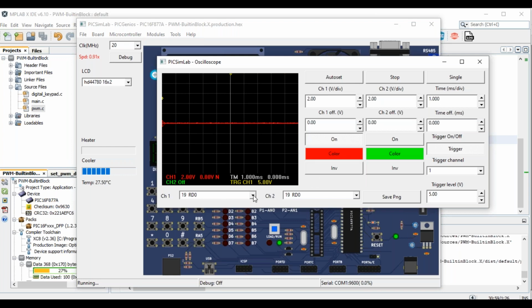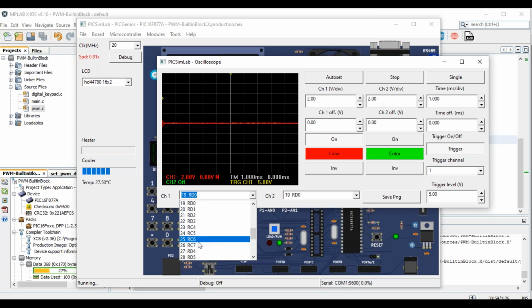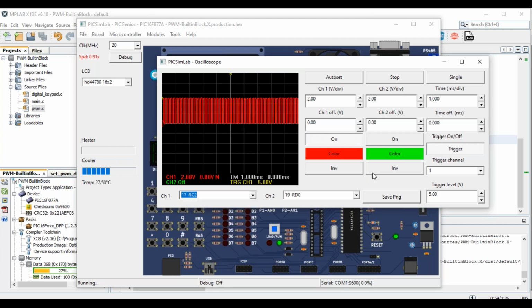Here I'm using the first channel only, and this time it is the RC2 pin. Okay, so you may have to search for the RC2 pin, RC1, RC2.